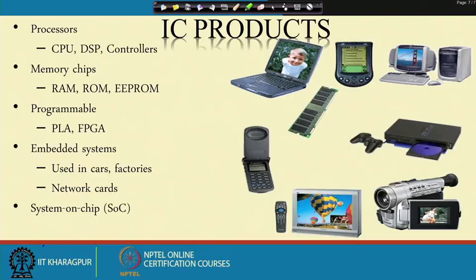Then programmable PLA, FPGA, and then embedded systems, which are used in cars, factories, network cards. Then the latest trend is System on Chip. This is basically part of VLSI.